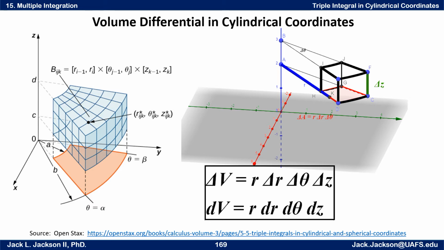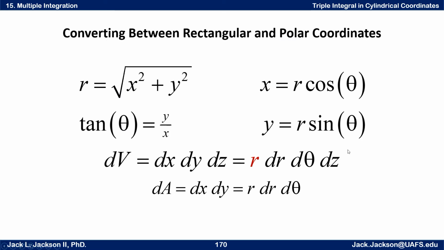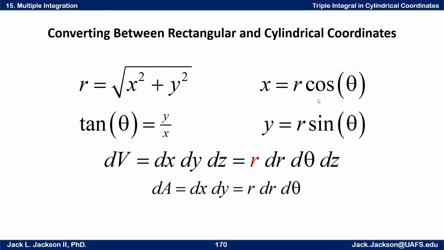So what this means is that we can look at writing up integrals in polar coordinates, or actually not just polar coordinates, but cylindrical coordinates, three-dimensional. But of course, z is just z in both coordinates, so there's nothing to convert on the z part between the rectangular and the cylindrical.